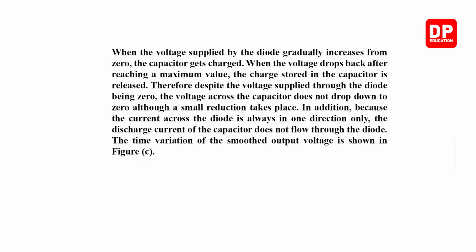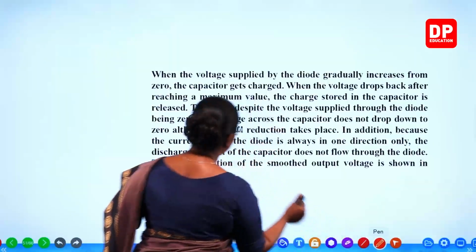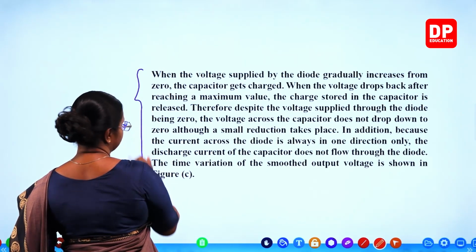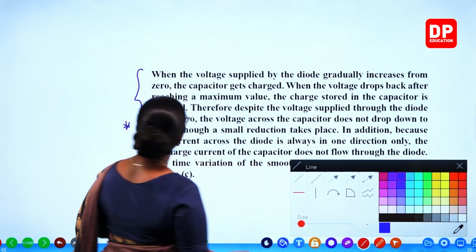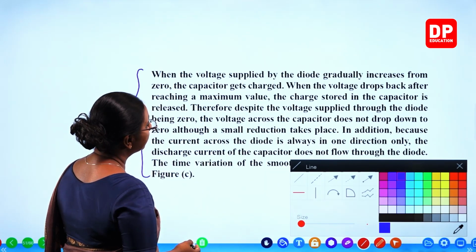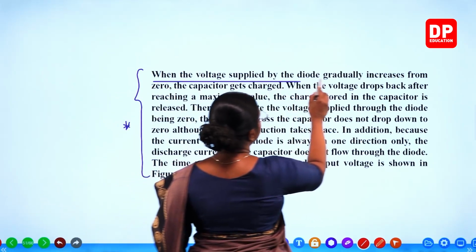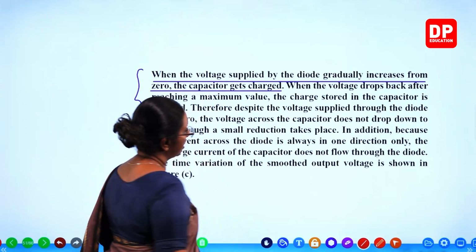When the voltage supplied by the diode gradually increases from 0, the capacitor gets charged. This is what I explained to you all. You have to understand that. So here, when the voltage supplied by the diode gradually increases from 0, the capacitor gets charged.